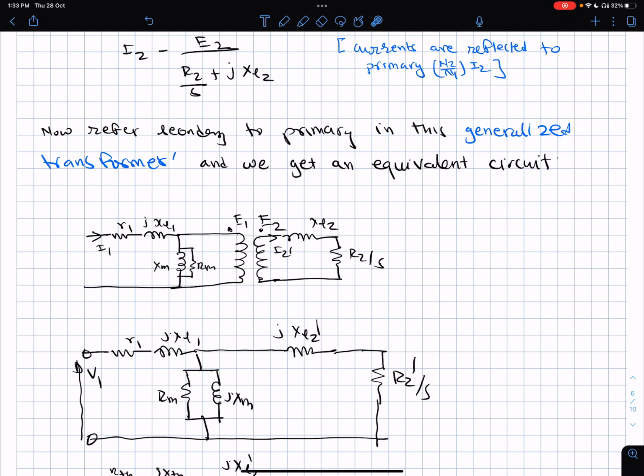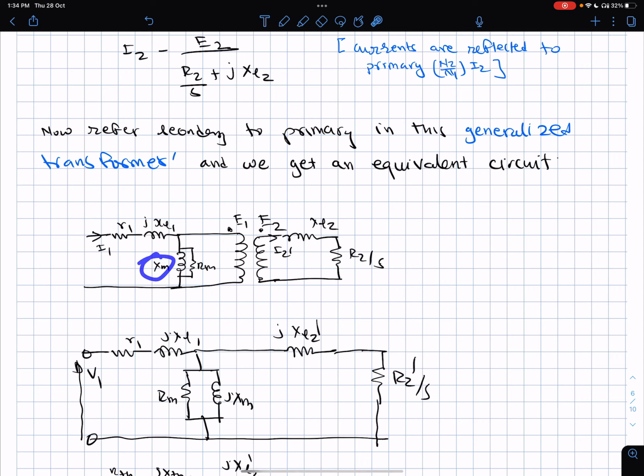The induction from stator to rotor is what causes the rotation action. That is why the word induction machine is there. I'll write the primary winding leakage as R1 plus jX1. R1 is the resistance. Xm and Rm are the magnetizing impedance and the losses associated with it.